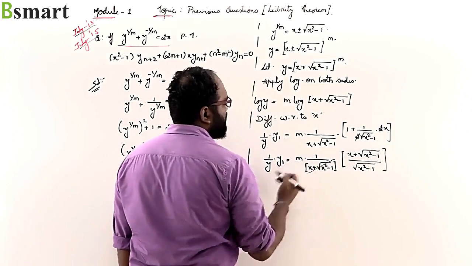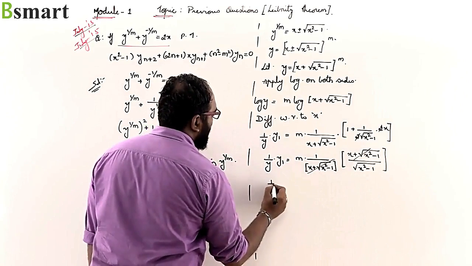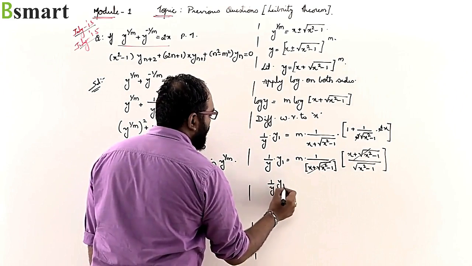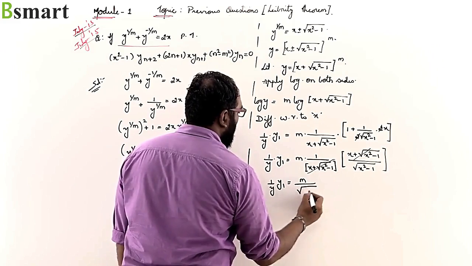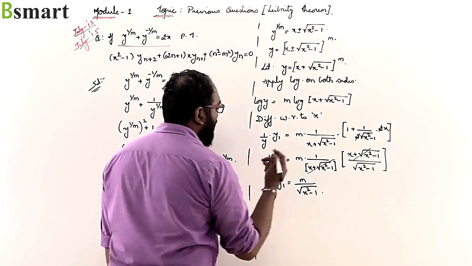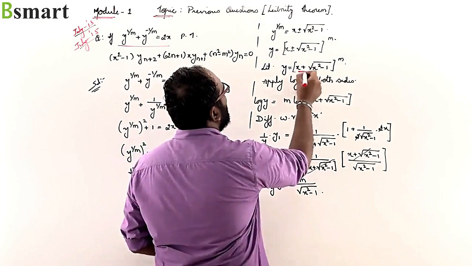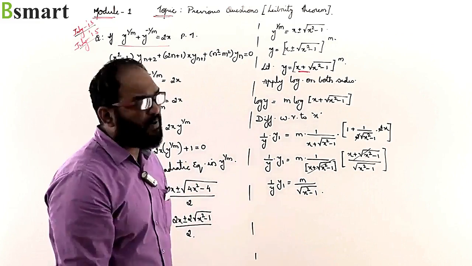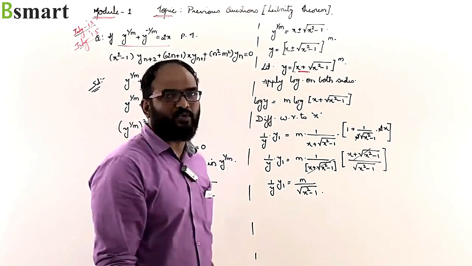So x plus root and x plus root will get cancelled. So then that will be 1 by y into y1 is equals to m by root over x square minus 1. So this is the value when we are going with plus, x plus root over. Now what happens if we take x minus root over?